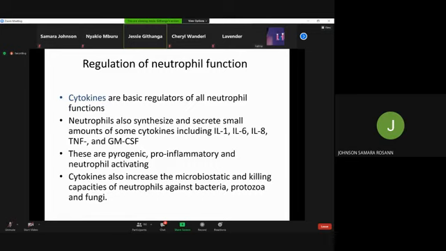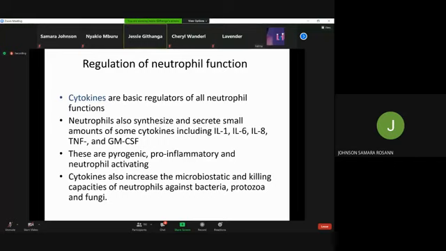The cytokines that are released also increase the microbiostatic and killing capacities of the neutrophils against bacteria, protozoa, and fungi. So these cytokines not only cause neutrophils to migrate and so on, but they enhance the function of the neutrophil in preventing bacteria from multiplying and also killing the bacteria.